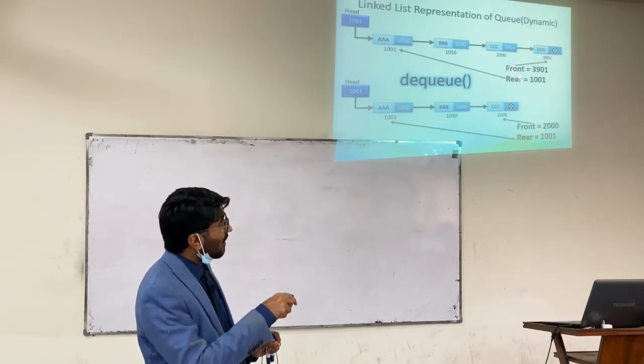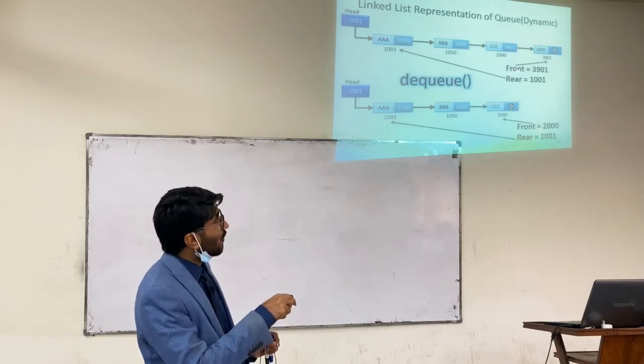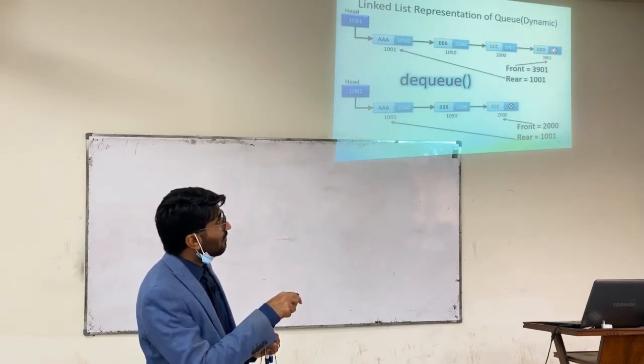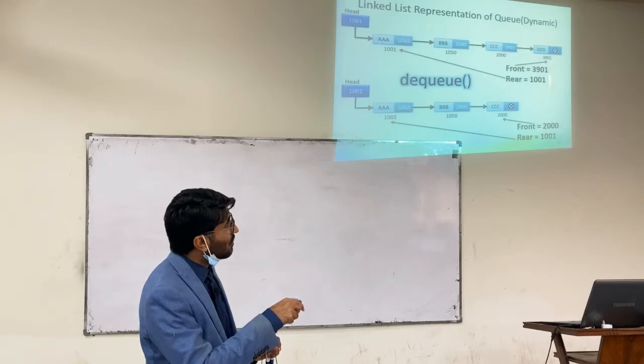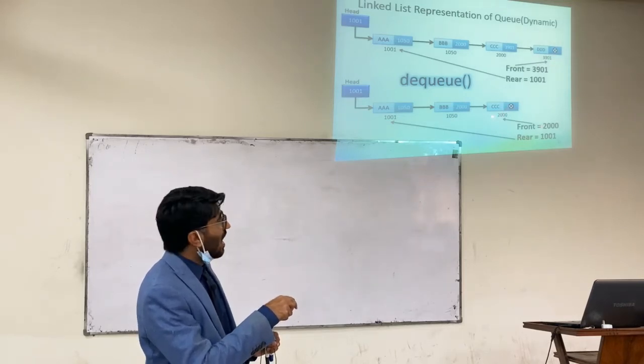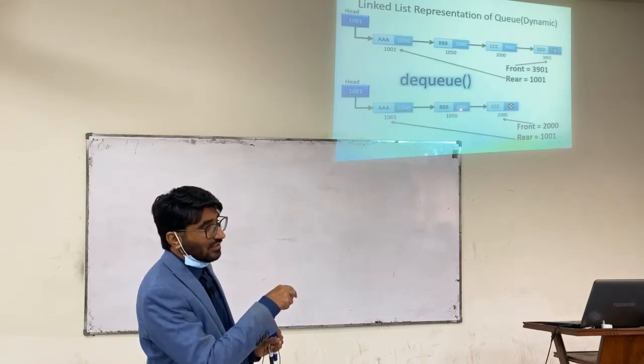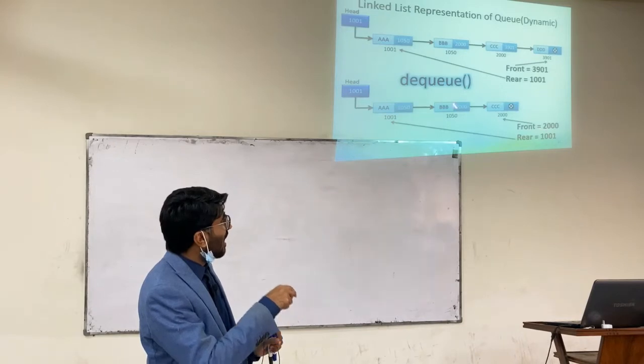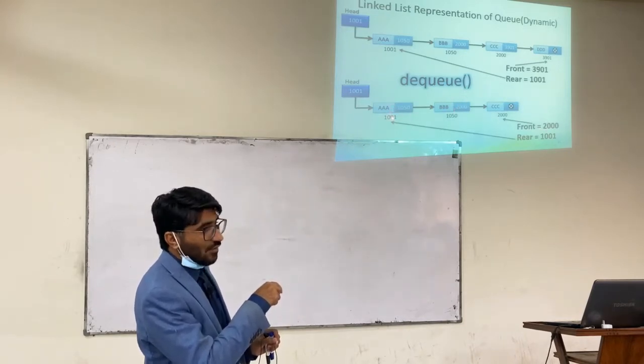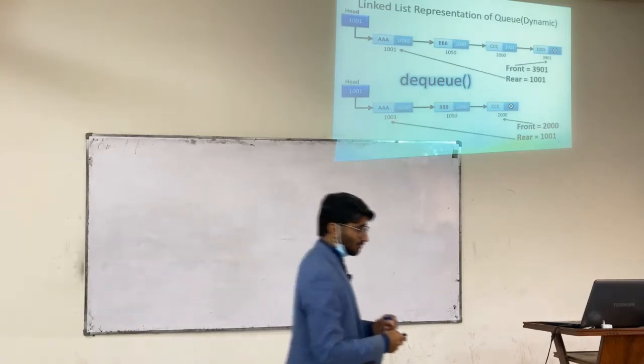But the value of front has been changed. Before, front was pointing to this one, now this has been removed from the queue. Now front will point to this one. Now let's suppose we remove C, the front will point to B, because this is now the last one, first A. And then after removing B, it will point to A, and so on. Okay.